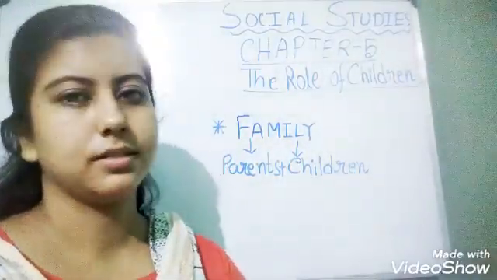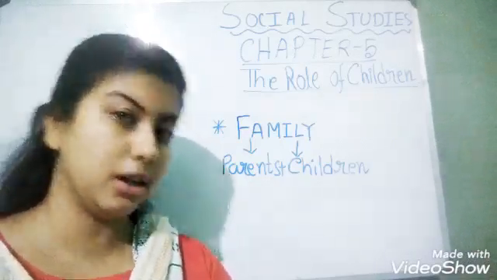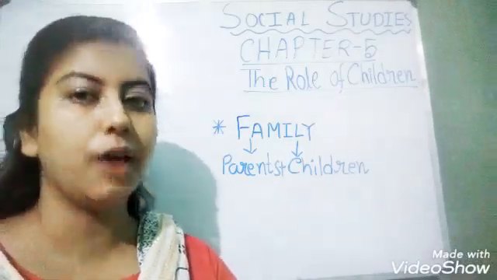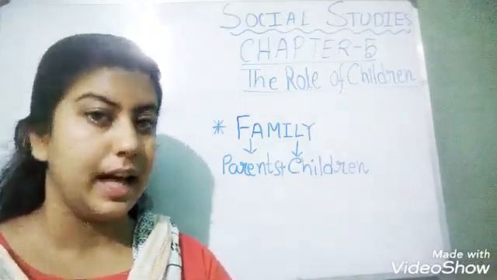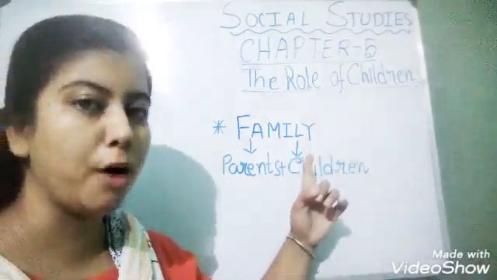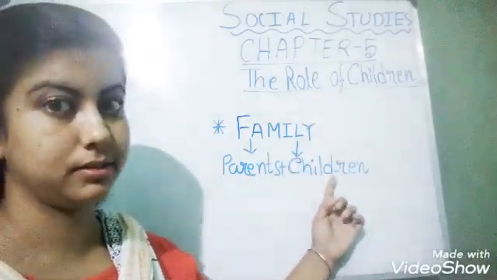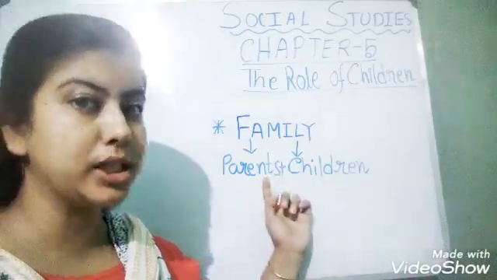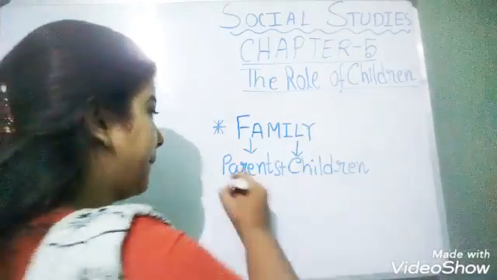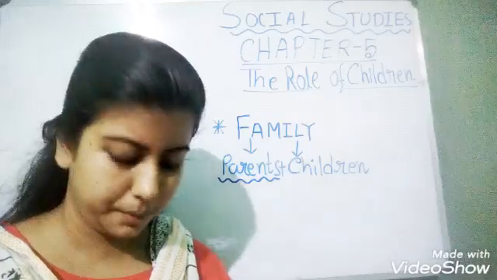So children, in our last chapter, we learned the role of parents in a family. As you know, a family is made up of basically parents and children. What do parents do? Parents look after children.